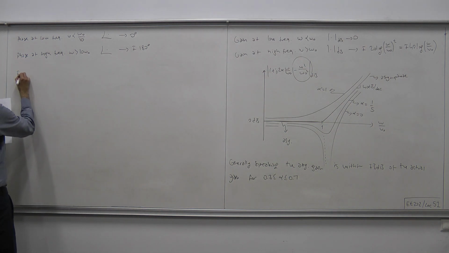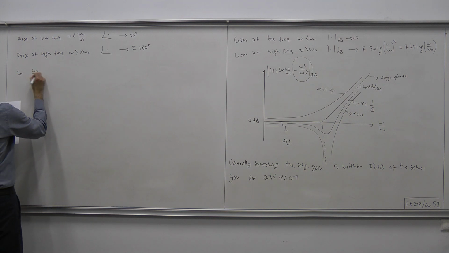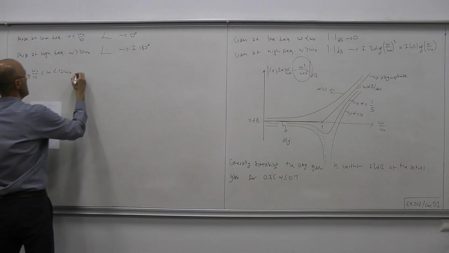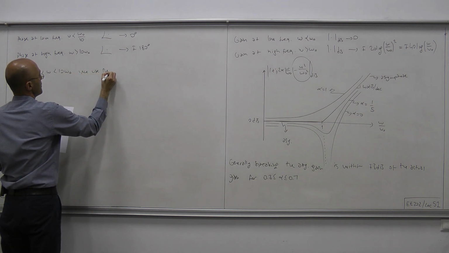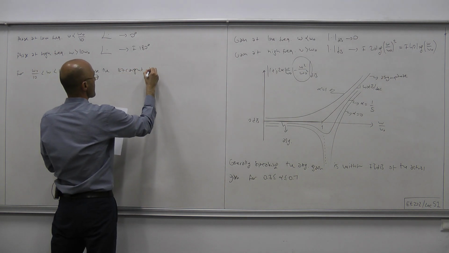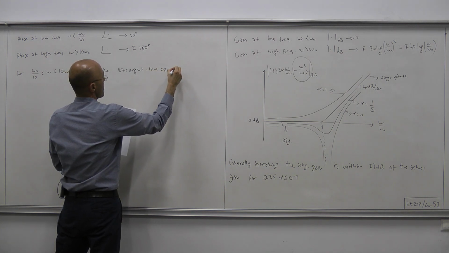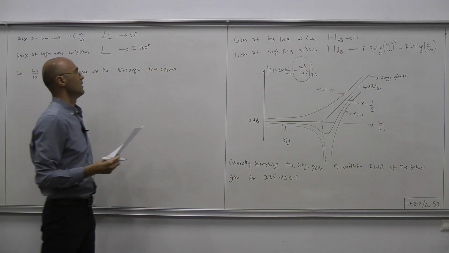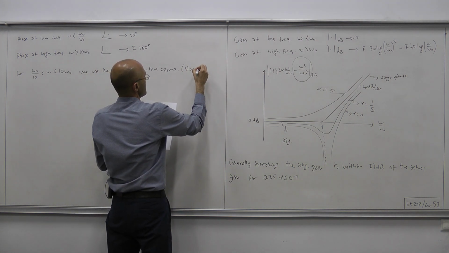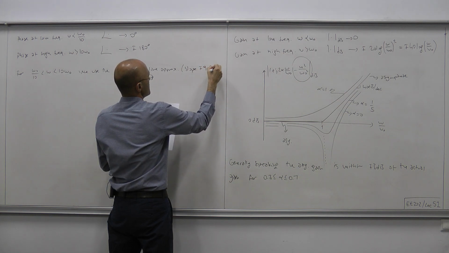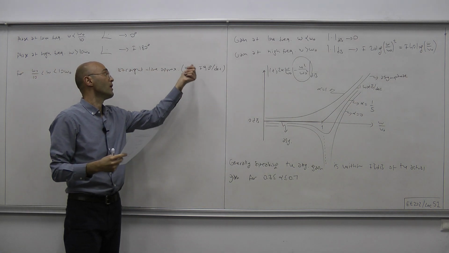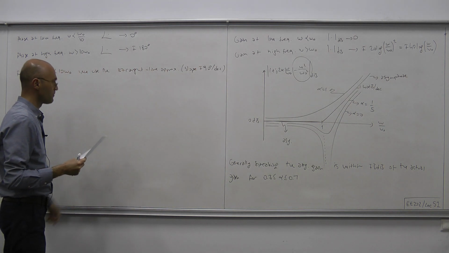For intermediate frequencies, between omega 0 over 10 and 10 omega 0, we use the straight line approximation, whose slope is plus minus 90 degrees per decade. So it's plus 90 degrees per decade if the term appears in the numerator, and minus for the denominator.